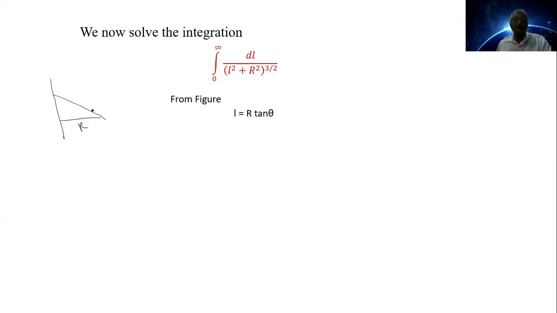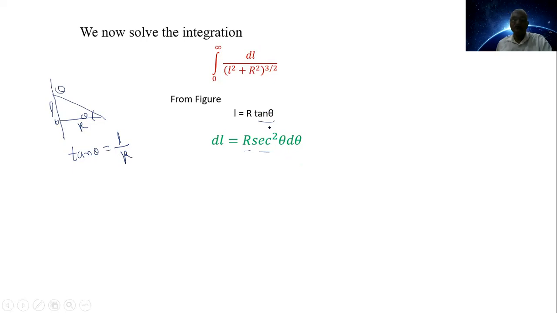Here this is r, this angle is theta, and here we have considered the distance of the element from O as L. That's why from this figure, tan theta equals L upon r, front side divided by adjacent side. Therefore, L equals r tan theta. Hence, dl equals r times the differentiation of tan theta, that is sec square theta d theta.